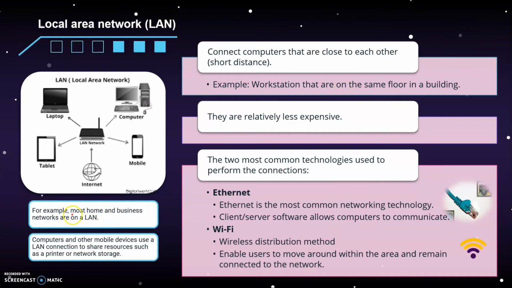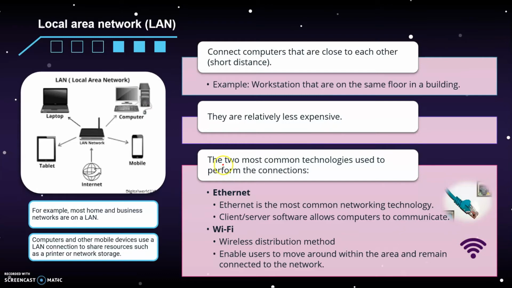So as you can see here, okay, most home and business networks are using LAN, okay, using the local area network. So they are relatively less expensive compared to the WAN, okay.